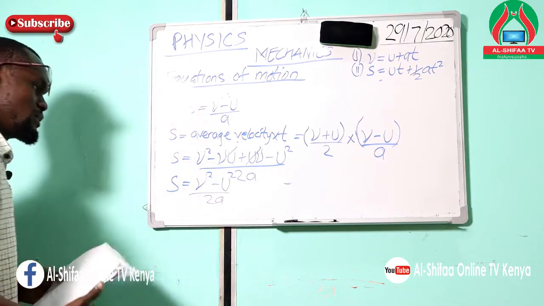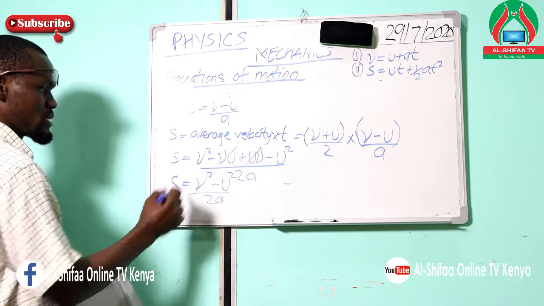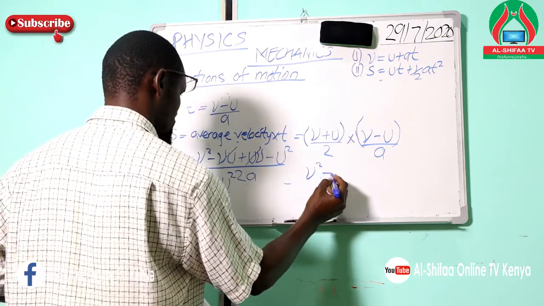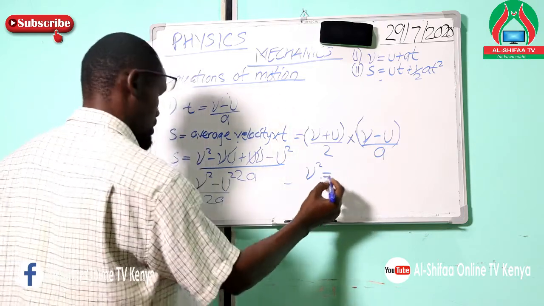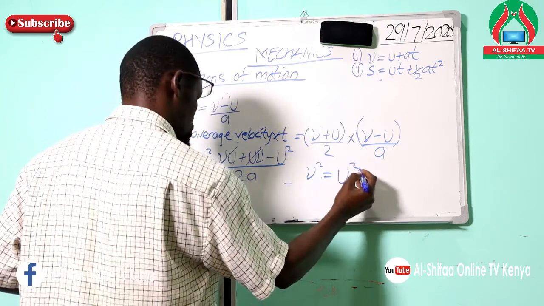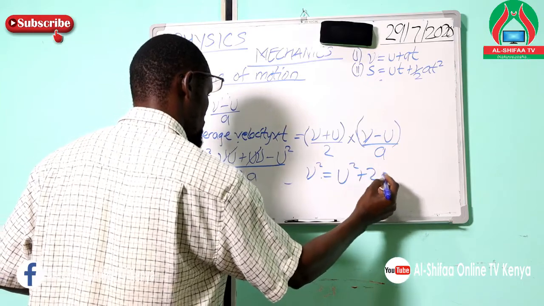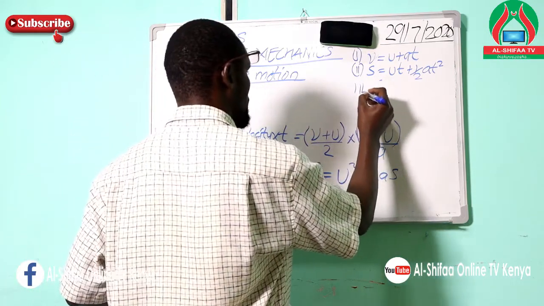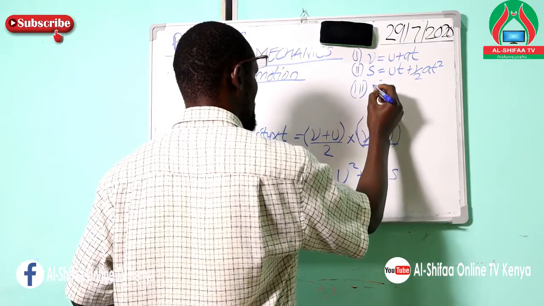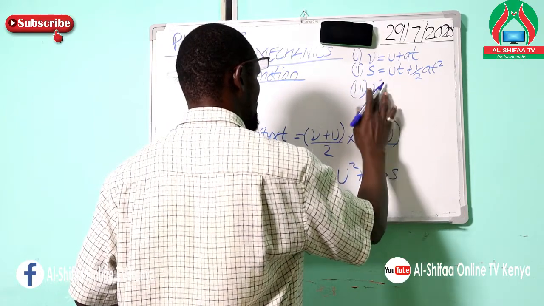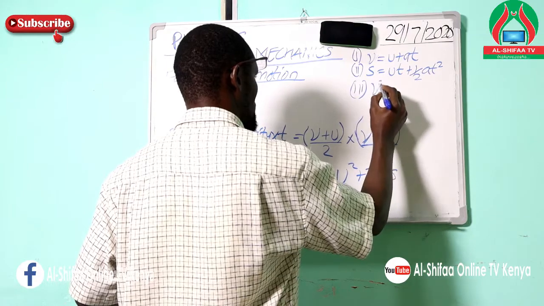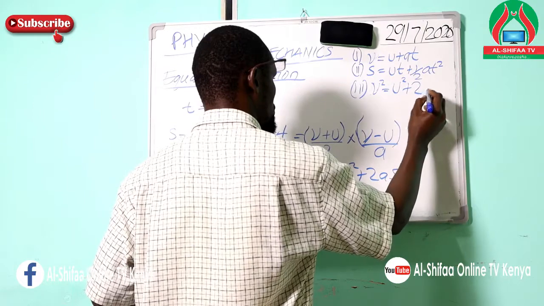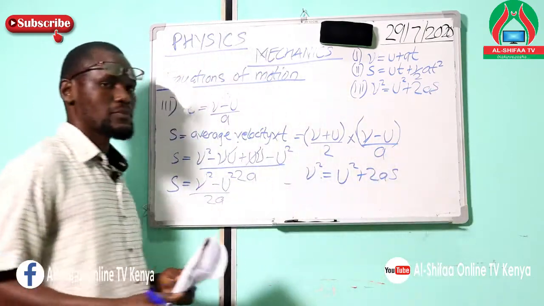So our third, when we make v squared the subject, we'll have v squared is equal to u squared plus 2as. So our third equation of motion, or kinematic equation, becomes v squared is equal to u squared plus 2as.